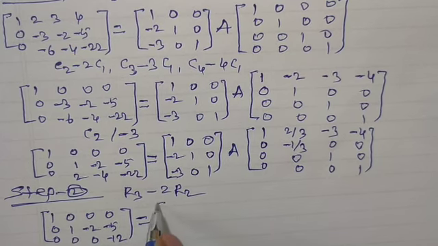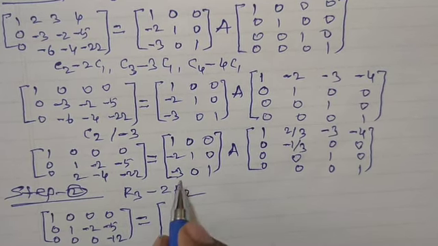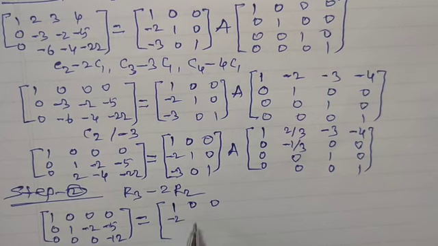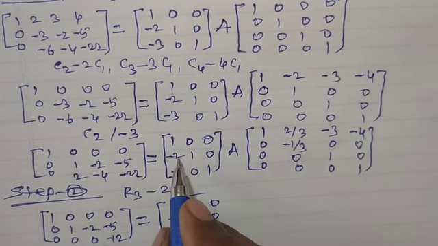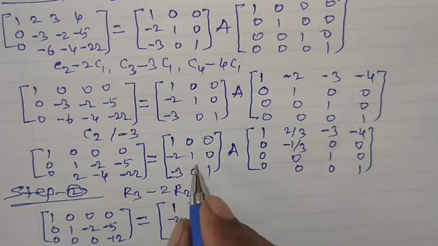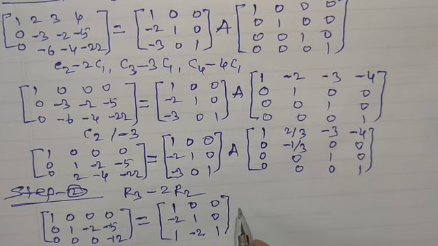Here we are applying row transformation, change in R3, R1 and R2 remain as it is. 1, 0, 0, minus 2, 1, 0, minus 3 plus 4, that is equal to 1. Minus 3 plus 4 is equal to 1, and this minus 2, and this will remain 1 as it is.